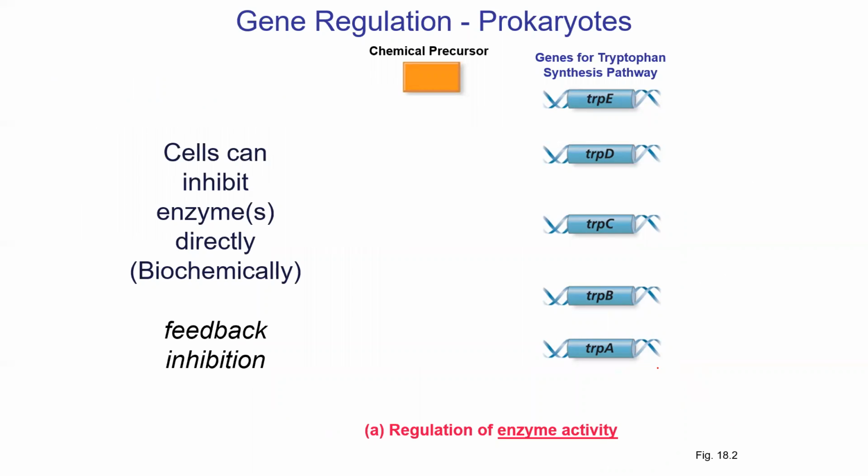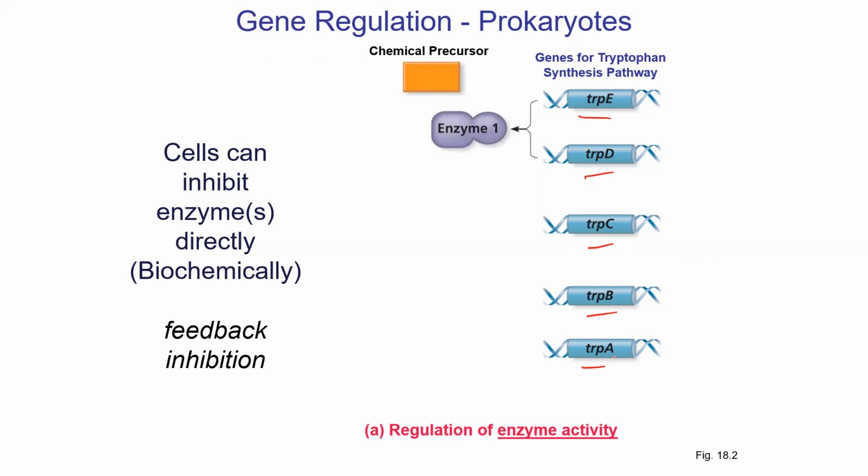Way back, I can't remember which units these were, we were talking about enzymes and glycolysis, and how you can do regulation by regulating enzymes. So this is a pretty common strategy. Take a look at this. Here's a pathway for the amino acid tryptophan. You can see we've got 5 genes.